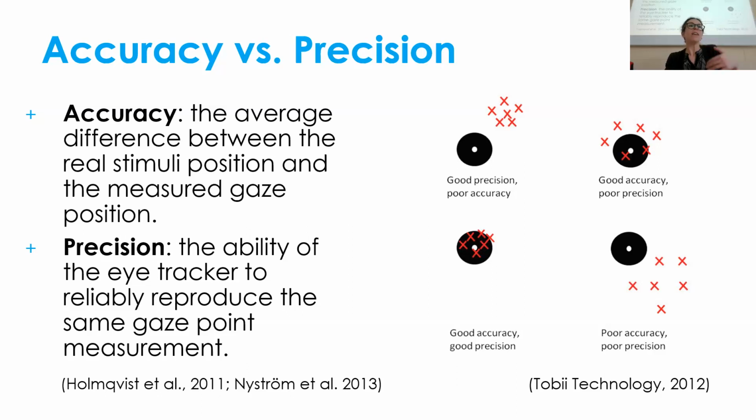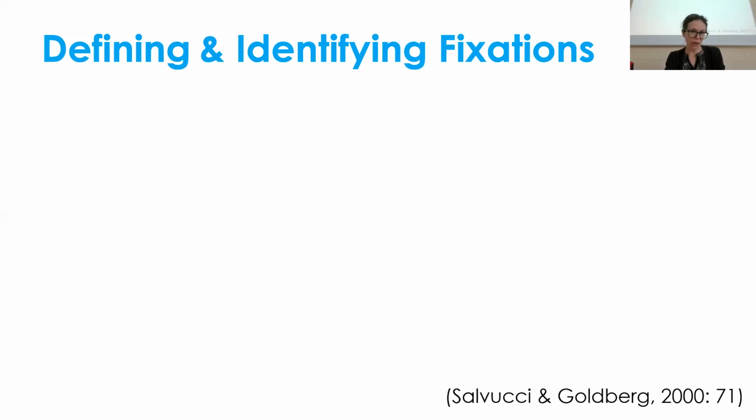Important to be aware of: typically, we can directly affect accuracy by changing the position of the participant. We'll see different ways of doing that. Precision is something that happens more behind the scenes, but it's good to be aware of. And this is all linked to the process of identifying fixations. We said there are these individual data points that need to be clustered together.